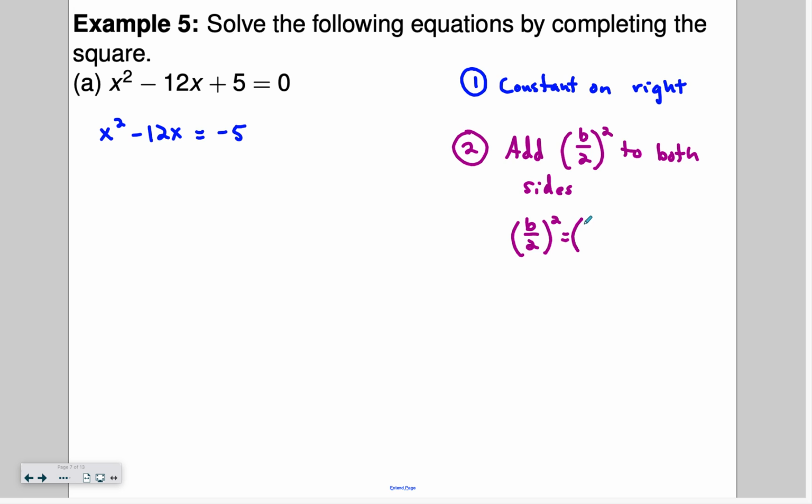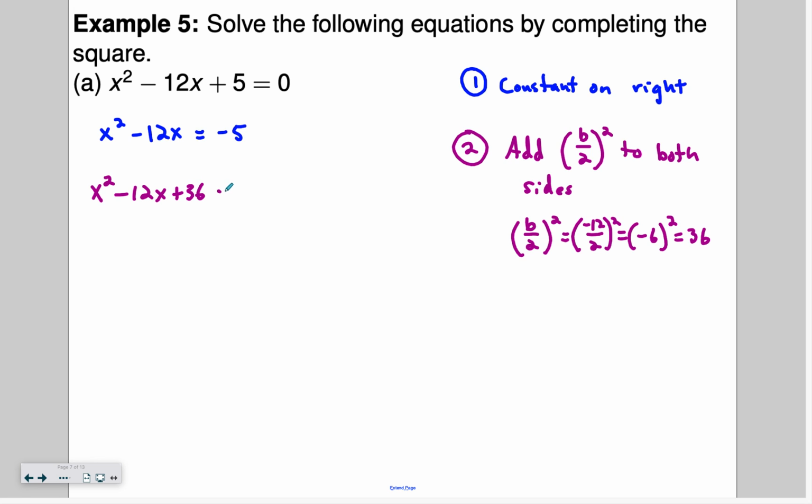So this is negative 12 over 2 squared, which is negative 6 squared, which is 36. All right, so I am going to add 36 to both sides of my equation. Why 36? Well, you're going to see in just a sec.